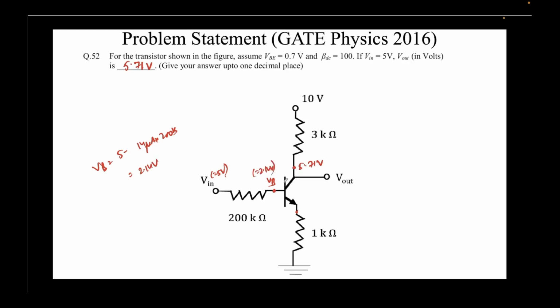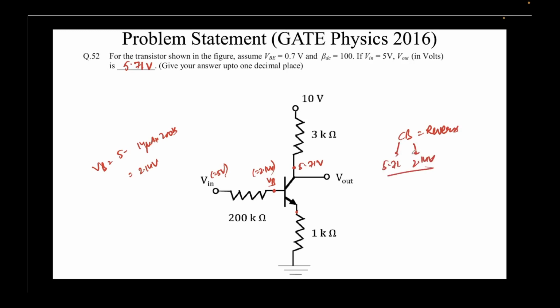Now we can clearly see that this is reverse bias. Note that this is an NPN transistor, so this is N and this is P. The N terminal is at a higher potential as compared to the P terminal, so this junction is clearly reverse biased. We assumed that the collector junction should be reverse biased, and it is coming out to be reverse biased because the collector is at 5.71 volts and the base is at 2.14 volts.